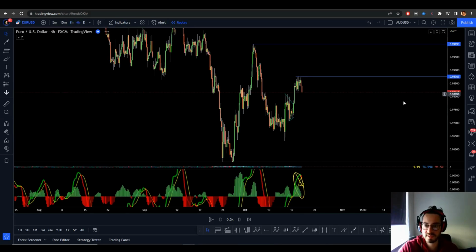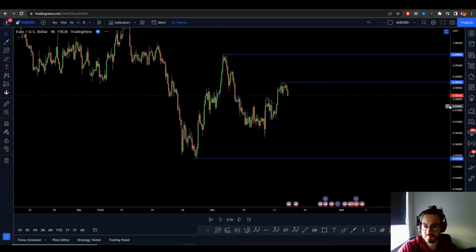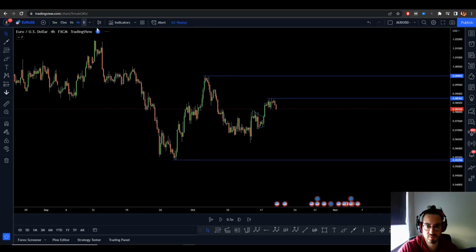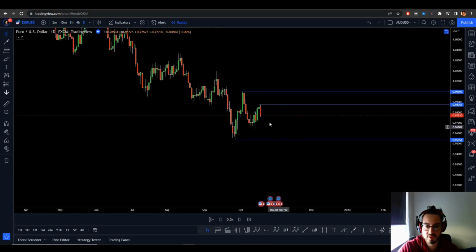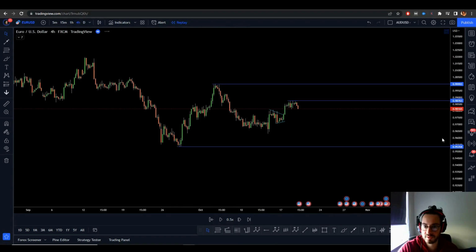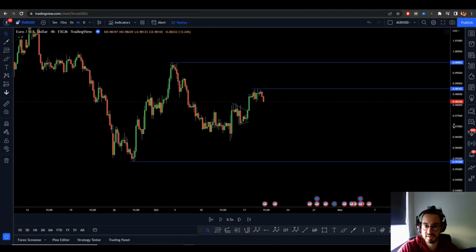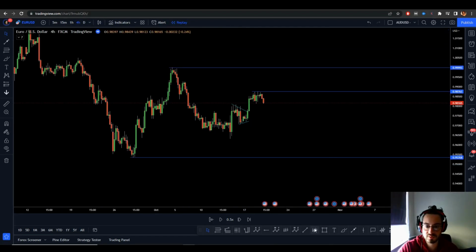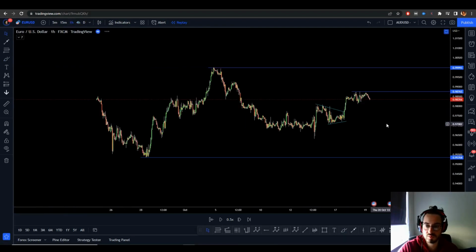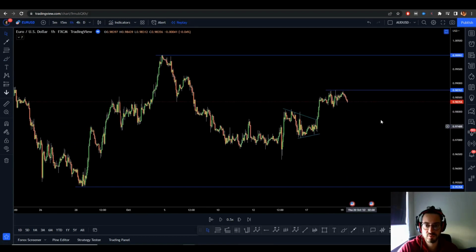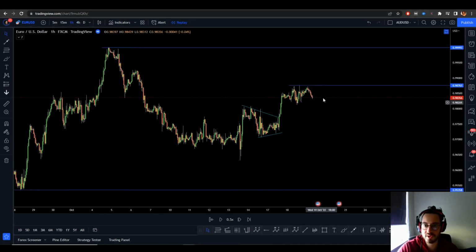And then on higher time frames, like on the daily, for example, you can't really see what's happening in the same way. On the 4 hour here, this actually looks like a three-wave structure, and we might pop. But this is why you go down to lower time frames and really figure out what's happening in here. Look at this. This is a mess.